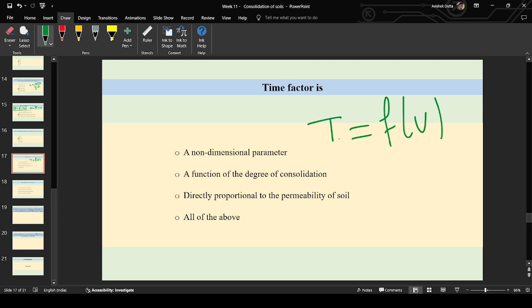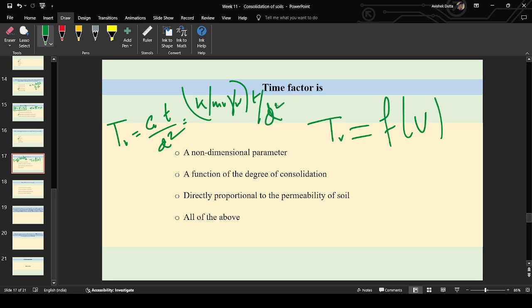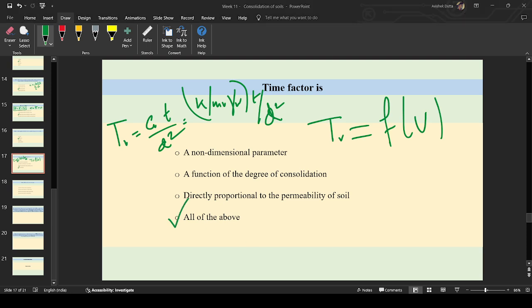Time factor, this is TV, sorry, TV equal to CV t by d square, and CV equals K divided by mv gamma w, into t divided by d square, mathematically, right? So K is in the numerator, so it is directly proportional to the permeability of soil. So all of the above. Very good. All of the above is the correct answer.